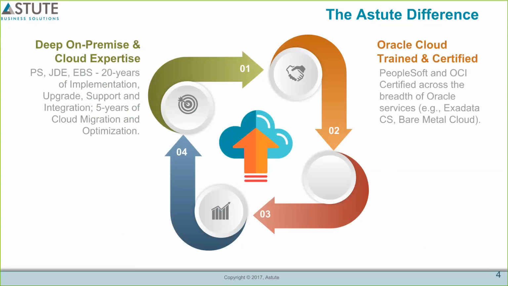Our resources are cloud trained and certified, so not only do we have the apps expertise and experience for on-prem implementations, we have done implementations, upgrades, global support, all of those kinds of things that are associated with a traditional on-prem implementation. But now many of the same resources are also cloud trained and certified in some of the latest cloud technologies that you will hear of, including Exadata Cloud Service and Bare Metal Cloud.